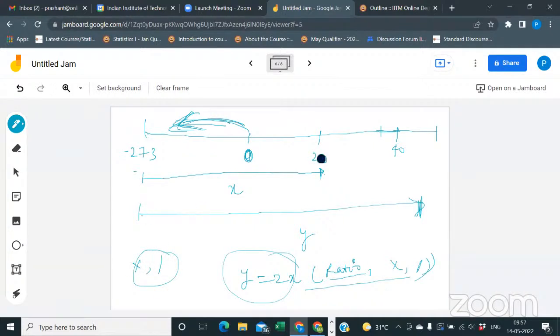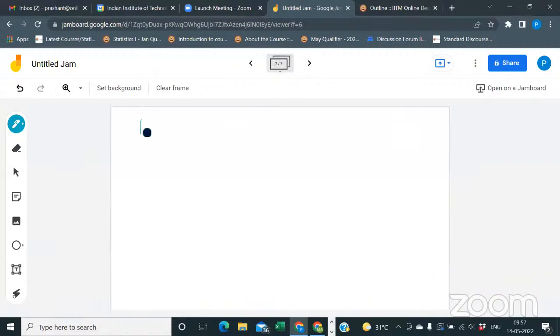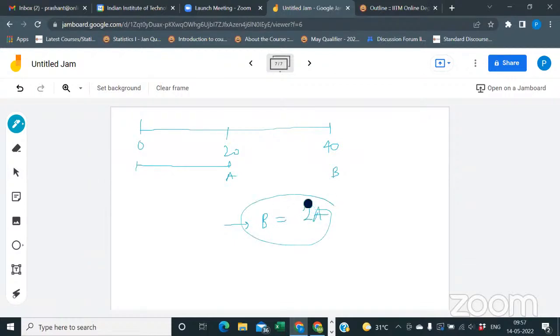Now come to the ratio scale. Suppose I have 0, 20 and 40. Suppose this is the number of persons in village A, and this the number of persons in village B. So I can clearly say the number of persons in village B is 2 times the number of persons in village A. That will be right, because I have an absolute zero there.